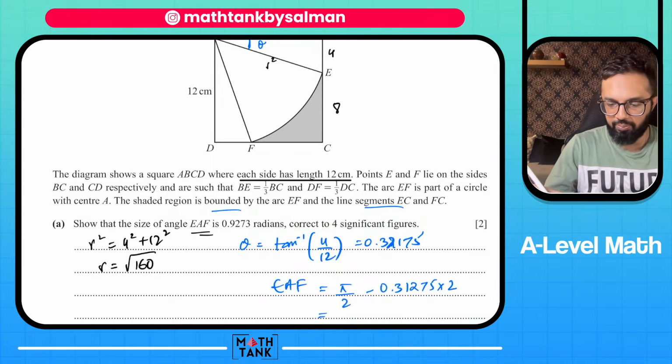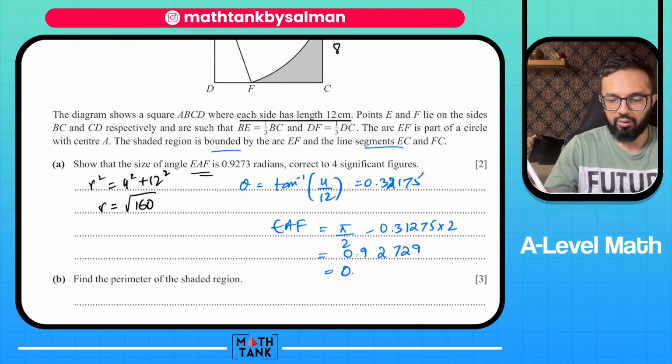That gives me 0.92729, so that's 0.9273.